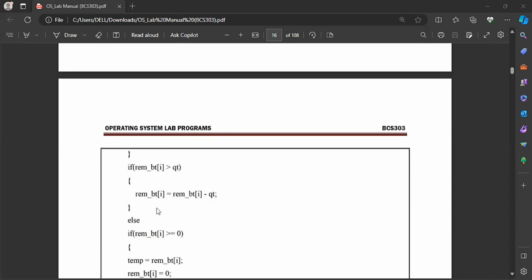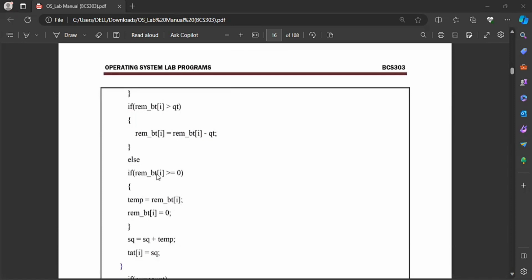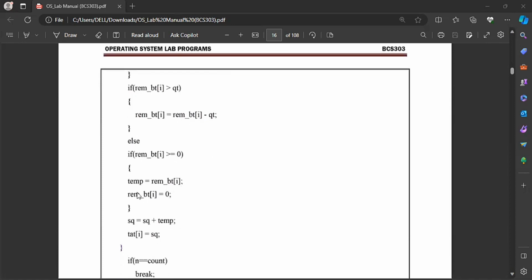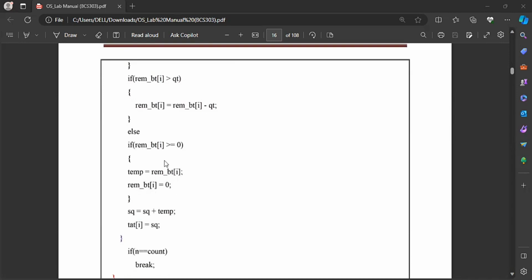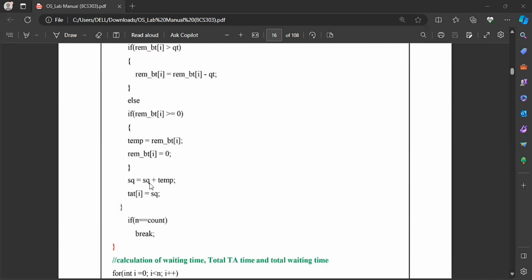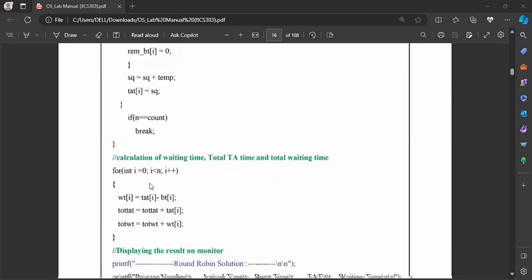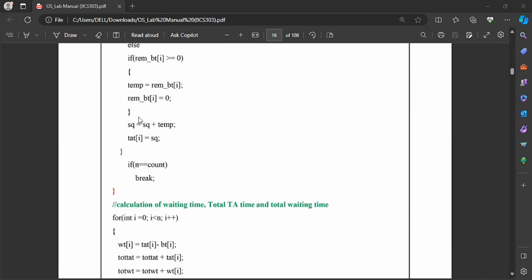If it is true, then deduct the time quantum from the remaining burst time. Else, if the remaining burst time is greater than or equal to 0, then the remaining burst time is set to 0. Then update the turnaround time for the current process.